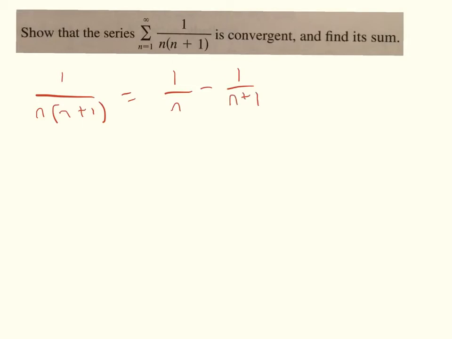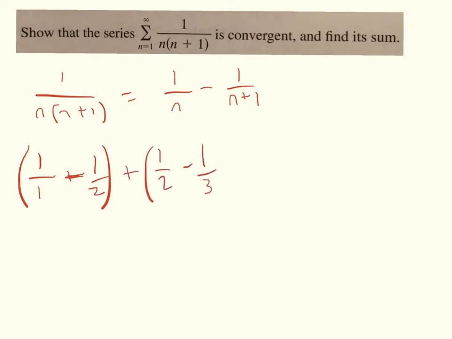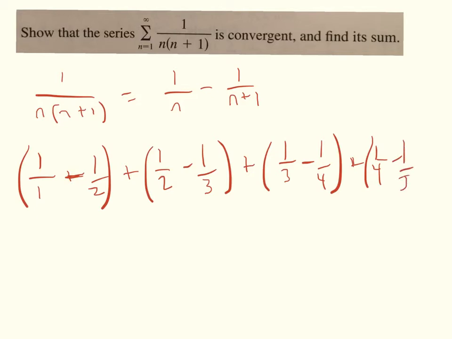So if you start looking at this series, if you plug in n equals 1, you get 1 over 1 minus 1 over 2. When you plug in n equals 2, you get 1/2 minus 1/3. You plug in n equals 3, and you get 1/3 minus 1/4, plus plugging in 4, you get 1/4 minus 1/5. You can kind of see what happens here.